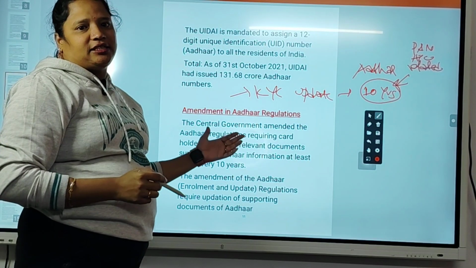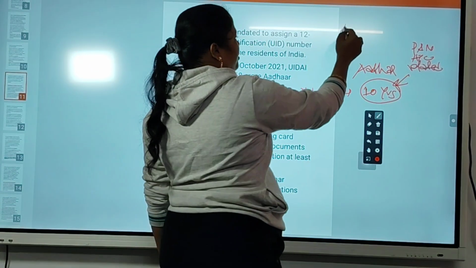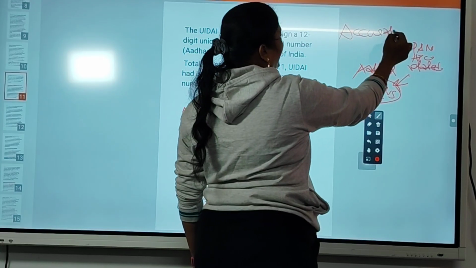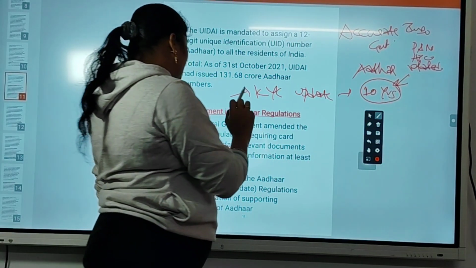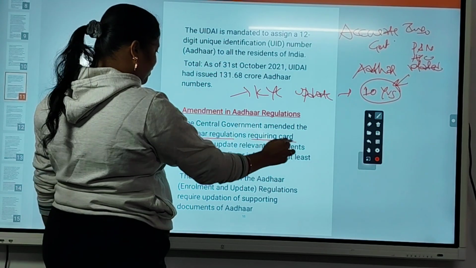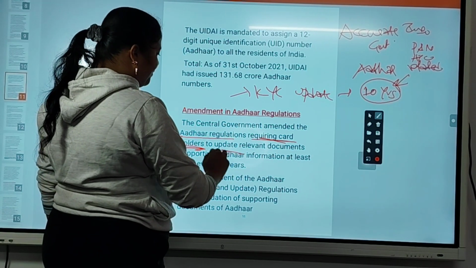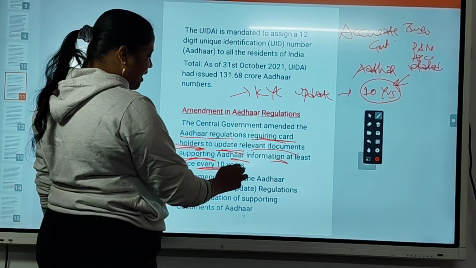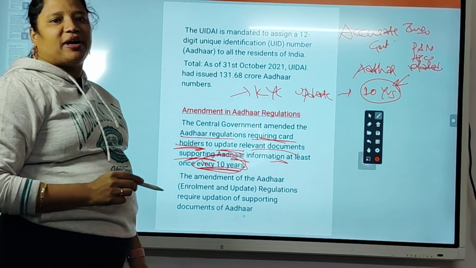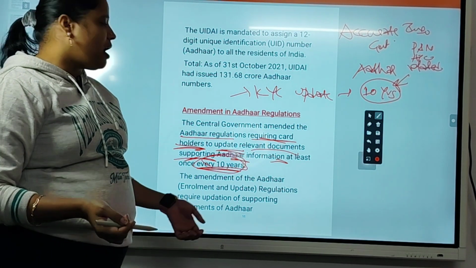Why? Because this is necessary to maintain accurate information with the government. The central government amended Aadhaar regulations requiring cardholders to update relevant documents supporting Aadhaar information at least every 10 years. Every 10 years a person has to make a KYC update.